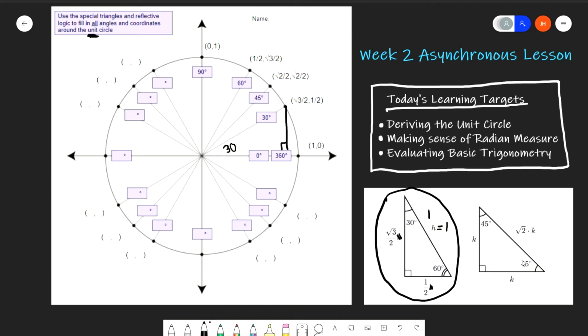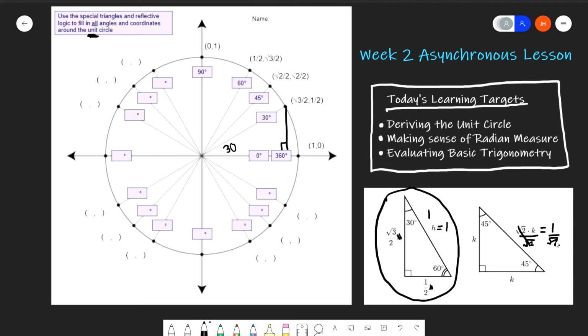We also use the 45, 45, 90 triangle in order to get these coordinates here at the 45-degree angle. Essentially, if the hypotenuse was equal to 1, then what was k? You could solve this by dividing both sides by the square root of 2, right? Now, that would mean that k is equal to 1 over the square root of 2. However, in math, we tend to rationalize our denominators.